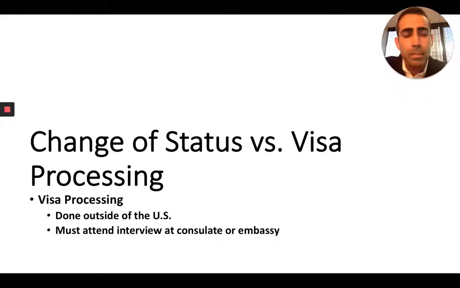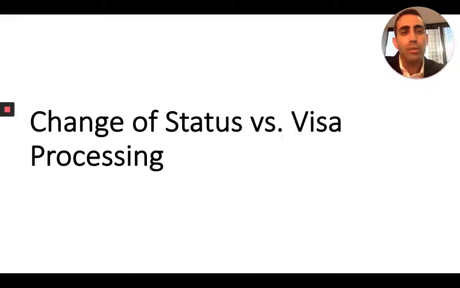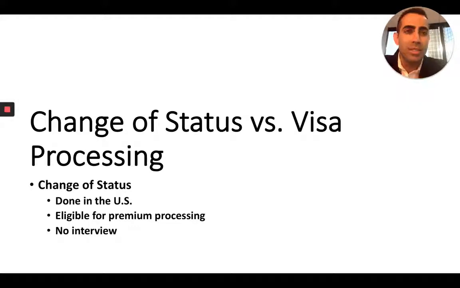And basically, with visa processing, you're required to go in for an interview at the consulate or embassy, and at the interview they'll ask you various questions pertaining to your investment or about you in particular and your background. And following a successful E2 visa interview, you would be issued an E2 visa.